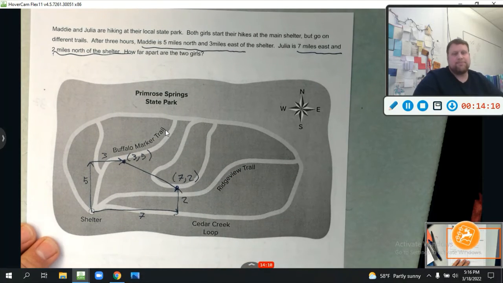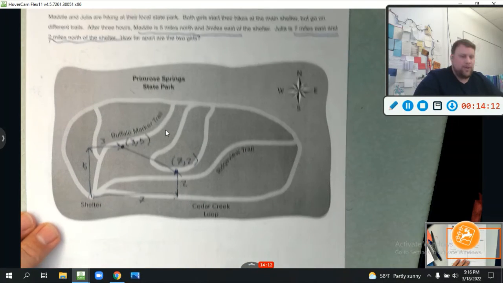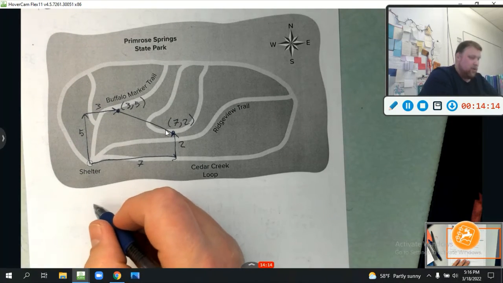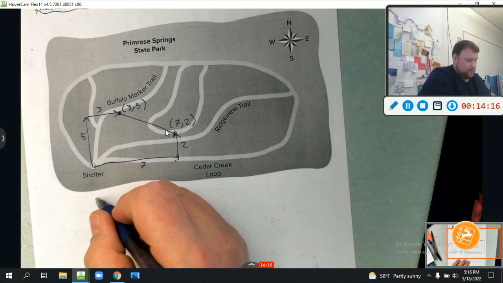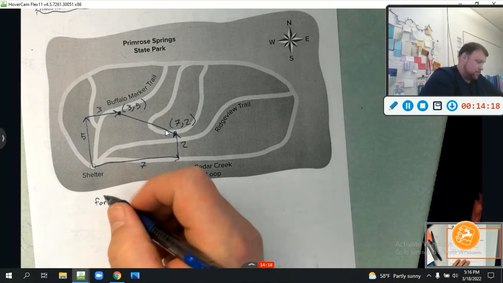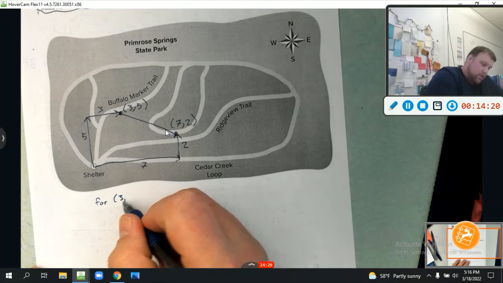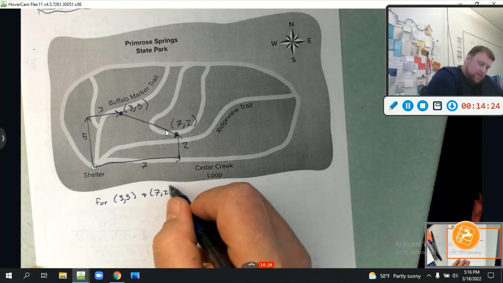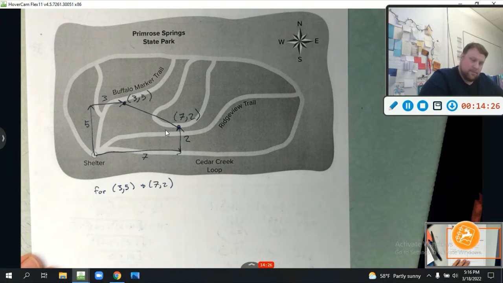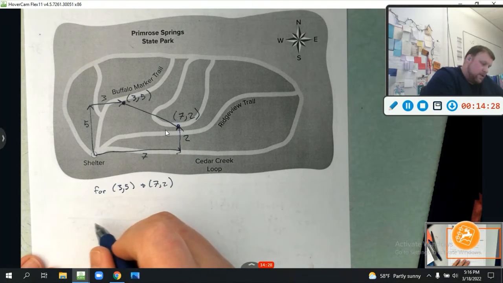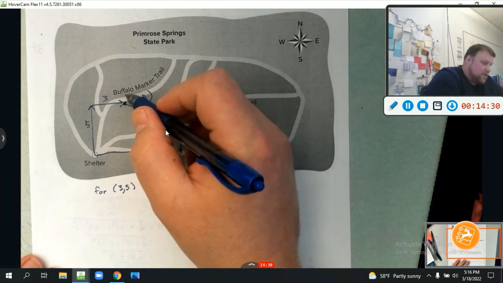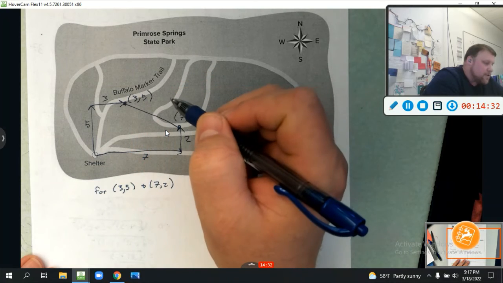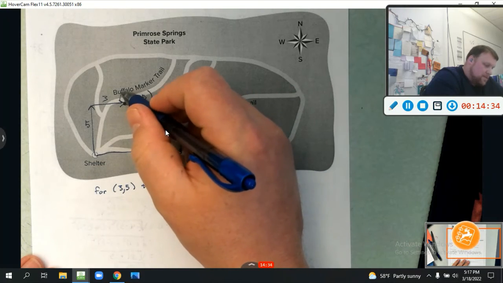Okay, well, let's do that. Again, for the points 3, 5 and 7, 2, I know that the distance between, and I should have labeled this, Maddie was first, yeah, this is Maddie, and this is Julia.